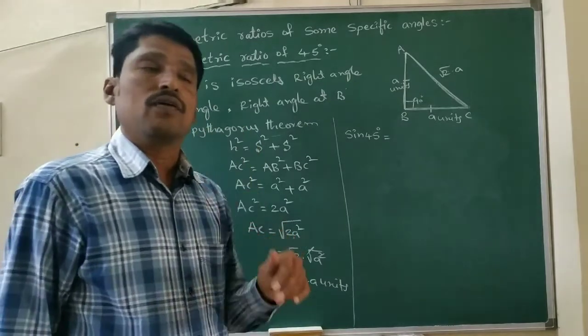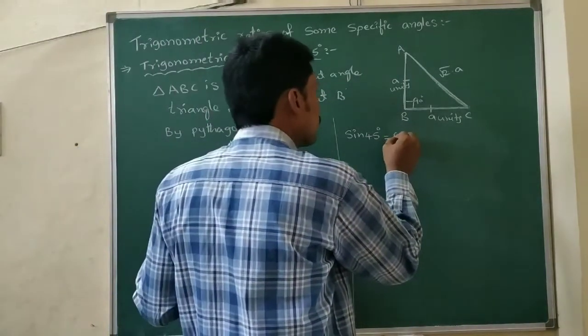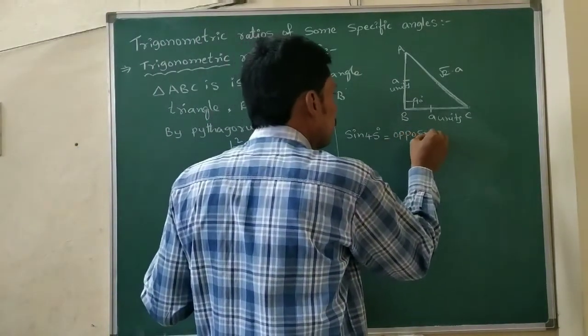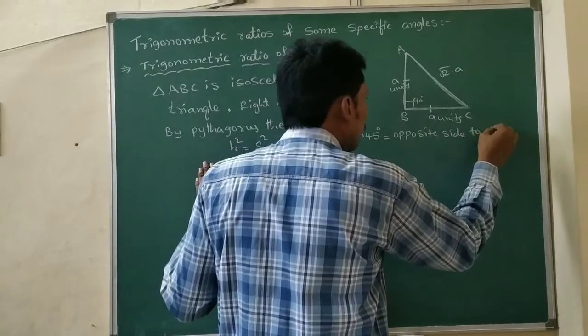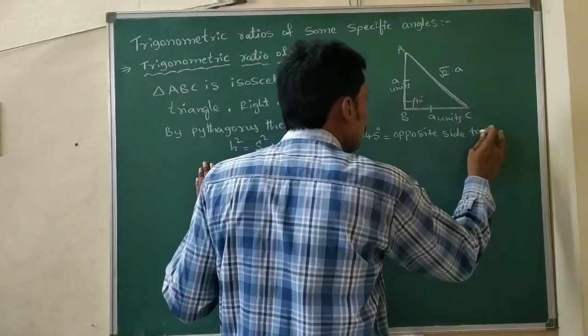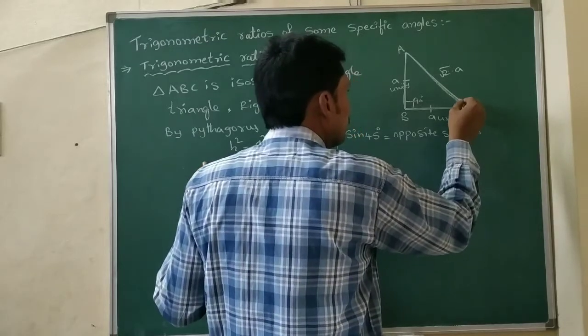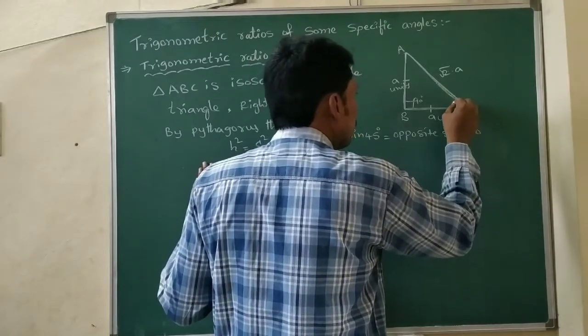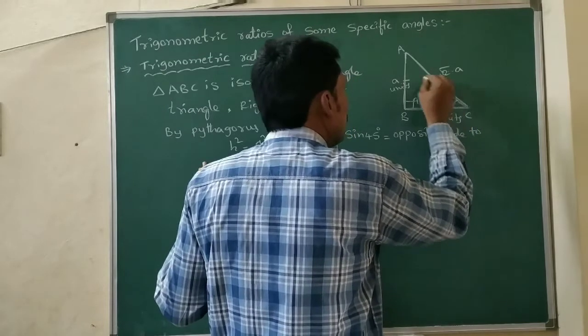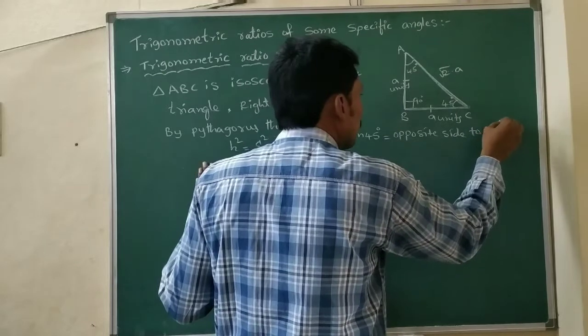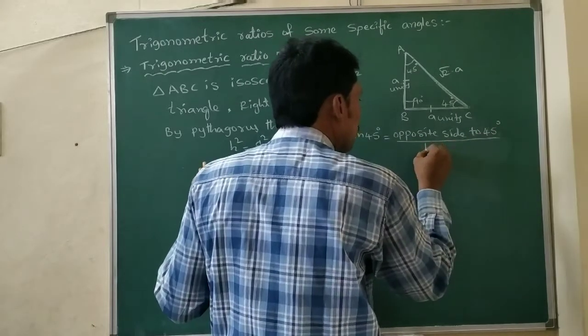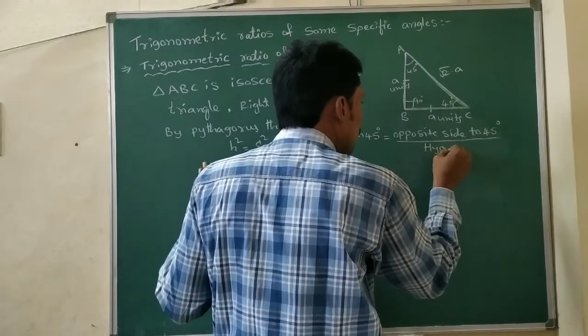Opposite side to angle 45 degrees by the length of the hypotenuse.